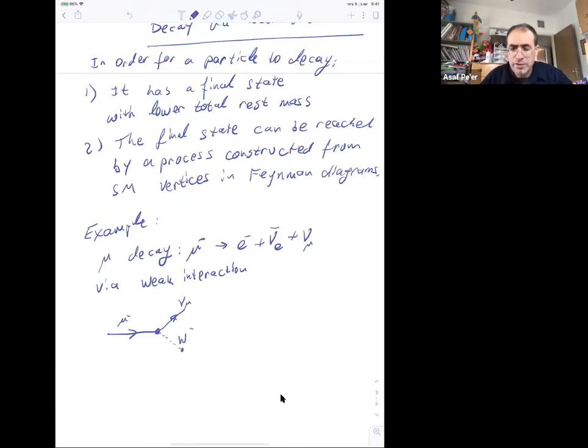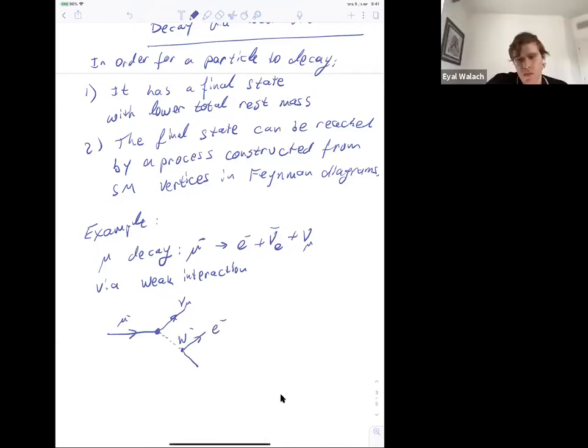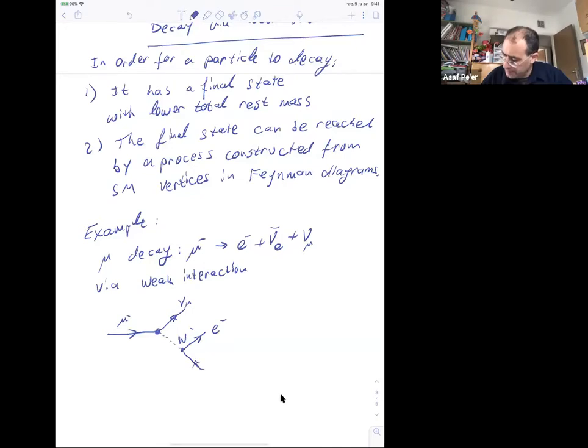Then the W boson can decay or interact and produce an electron and an anti-electron neutrino. So the W minus boson is a charge-carrying boson.